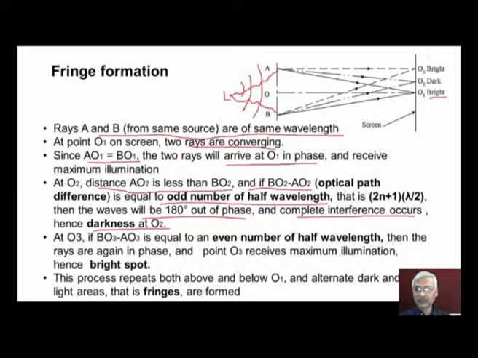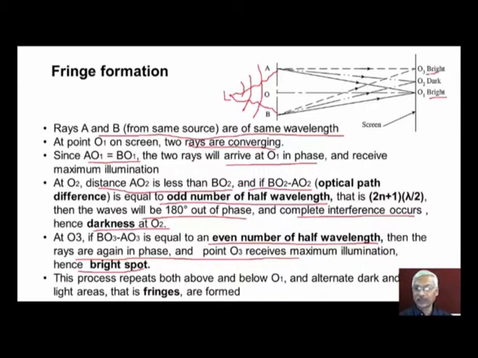Now let us study what happens at O3. If the distance BO3 minus AO3 is equal to an even multiple of half wavelength, that is a whole number of wavelengths, then the rays are again in phase and point O3 receives maximum illumination, hence we get a bright spot at point O3.